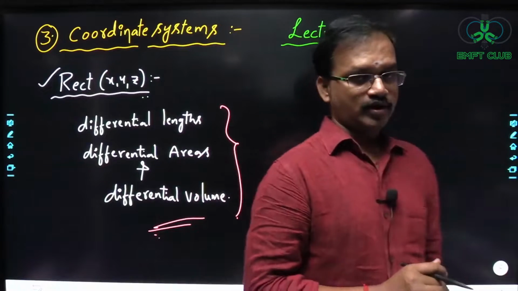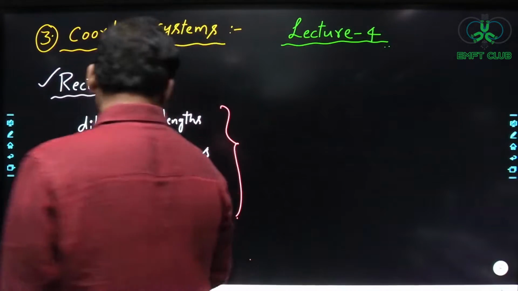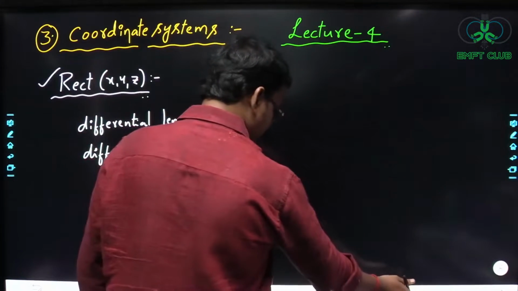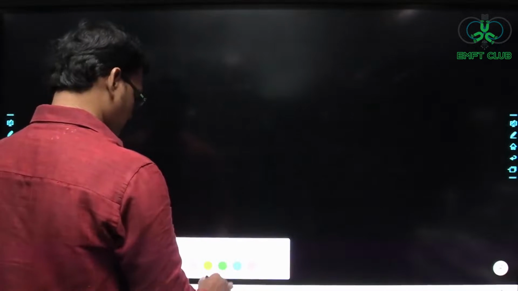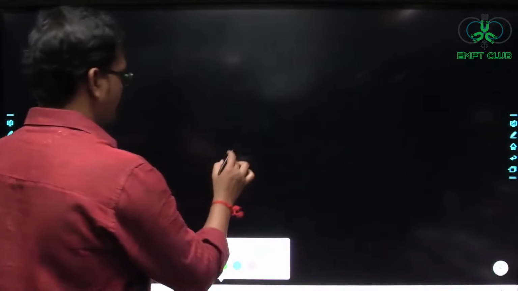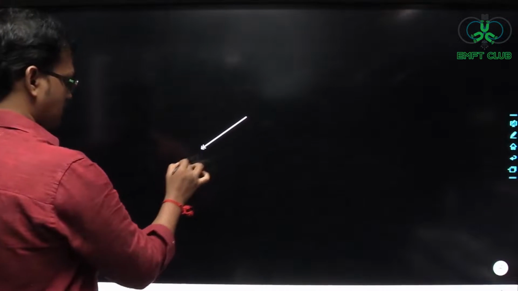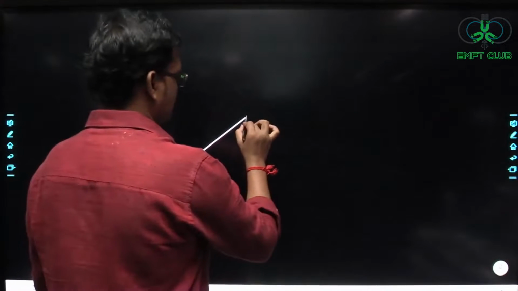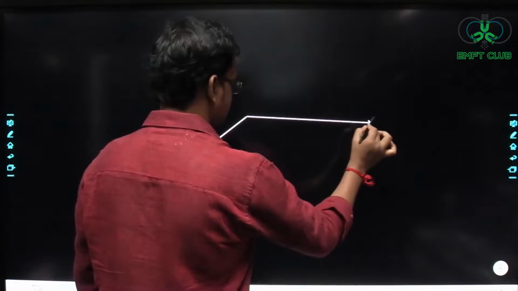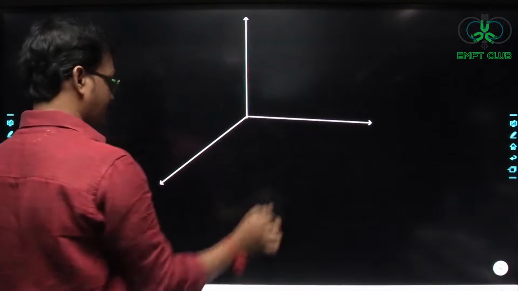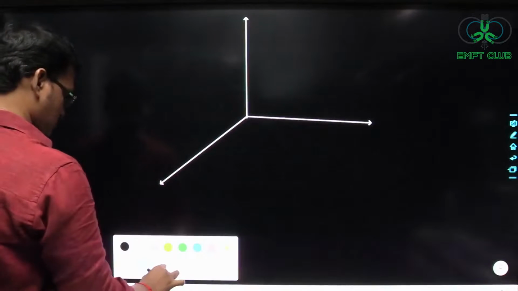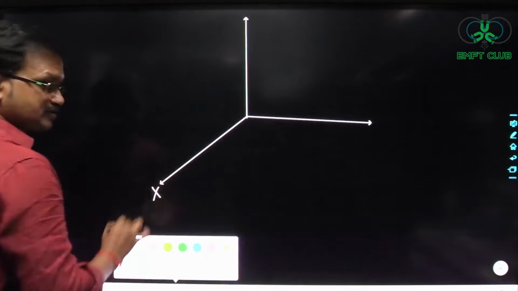Okay. So see here. I'm moving on to the next page, right? So here I'm considering this as the x-axis, and this is the y-axis, and this is the z-axis, right?